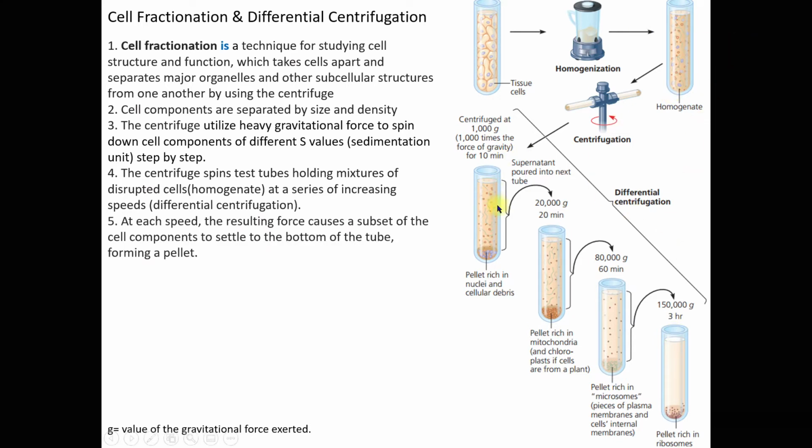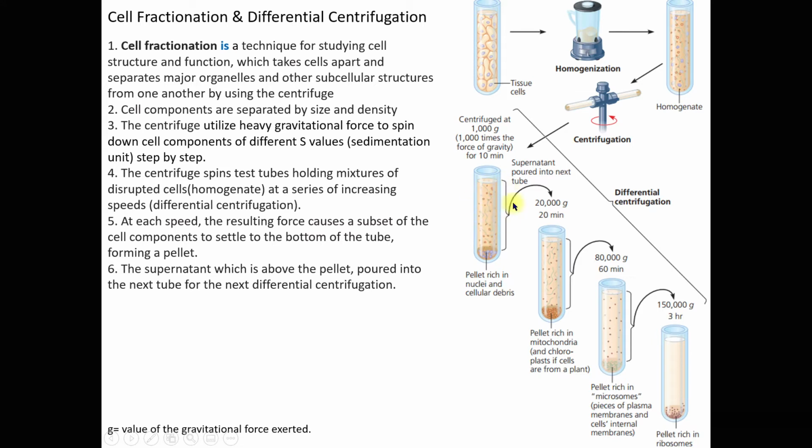Now, at each speed of this differential centrifugation, a subset of cell components will settle at the bottom of the tube to form a pellet. This is the pellet, and the solution is the supernatant.